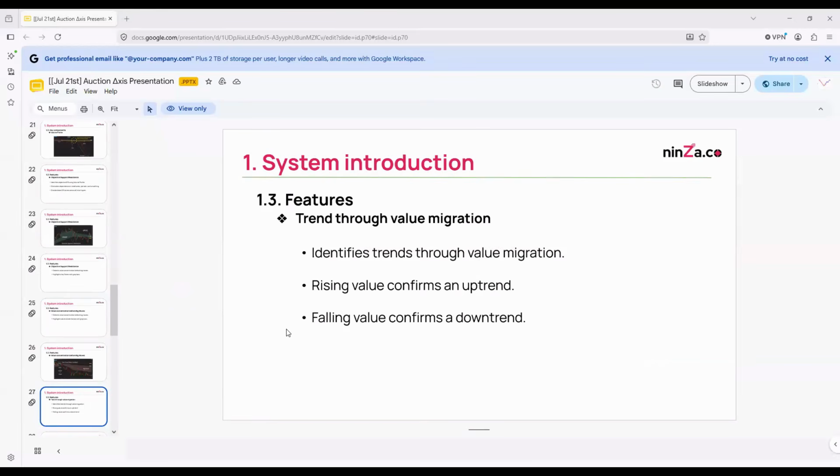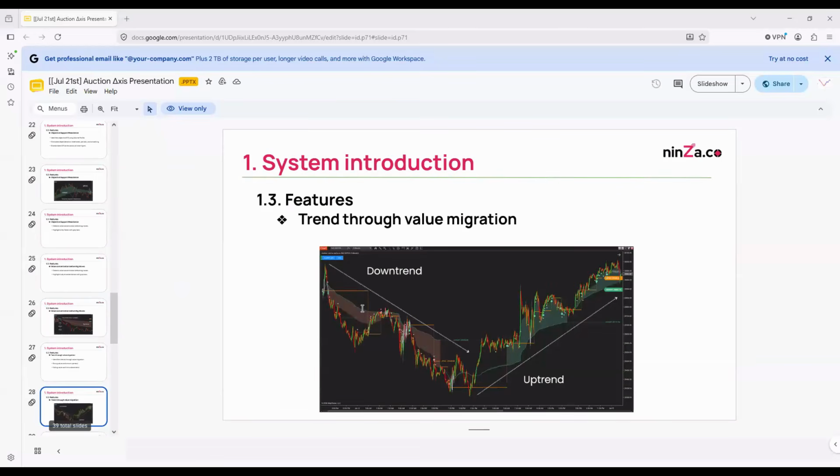Of course, rising value confirms uptrend, falling value confirms downtrend. And not only do we talk about value, but if you see the point of control keeps going down, and the VWAP keeps going down, it becomes obvious that we are in a market that's declining and the sellers are in control.